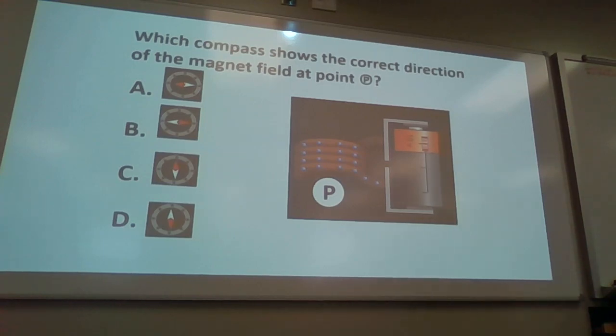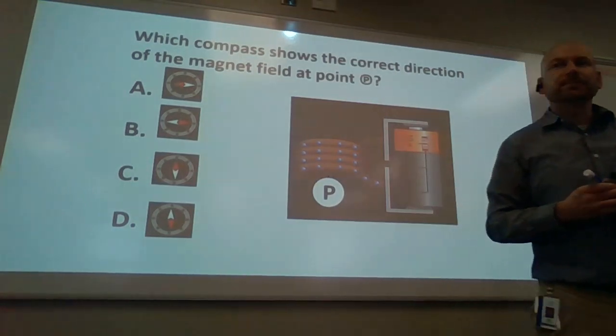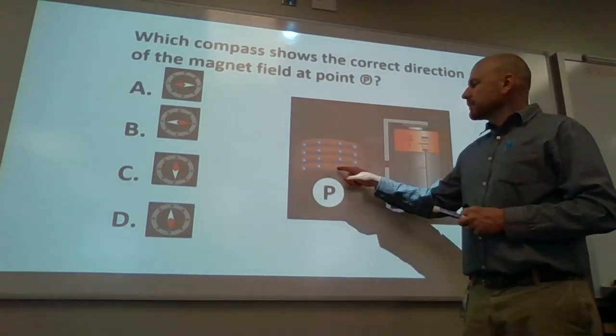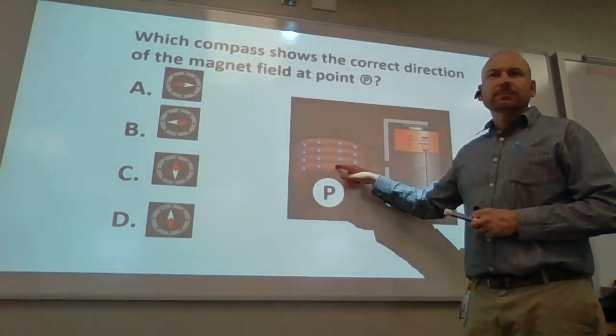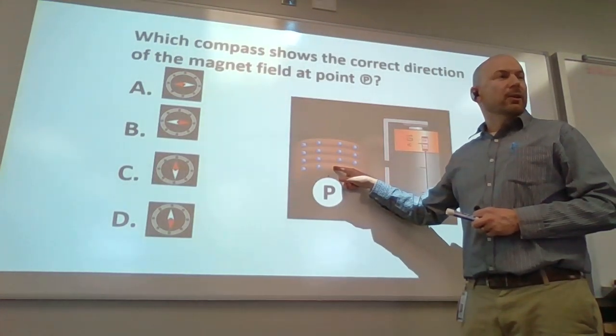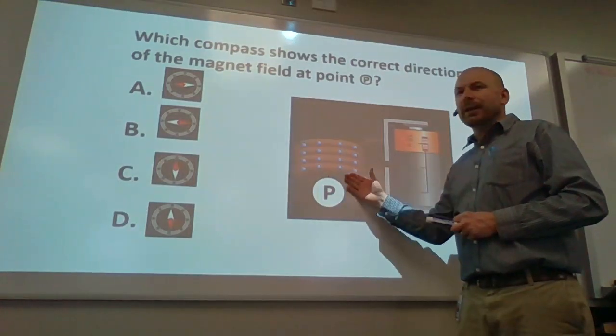Because you're going to look at point P, which is inside. Okay, if I'm looking at this wire, the point that I'm trying to find is inside the loop. Is that going to be out here, or behind the plane of this board?